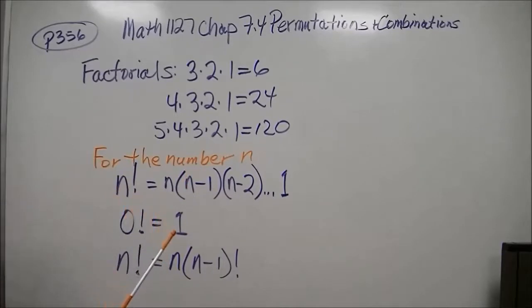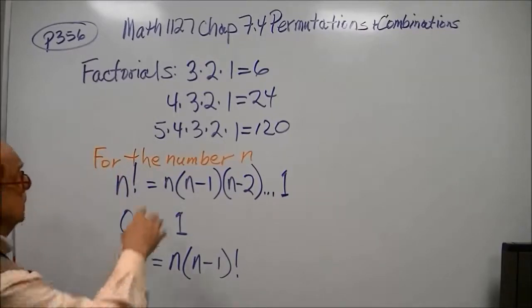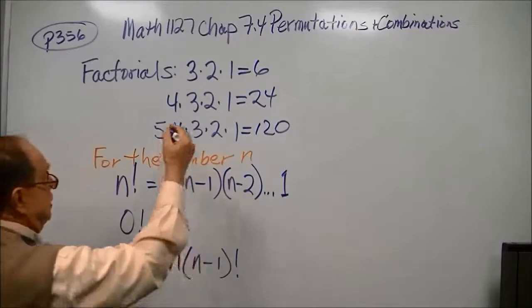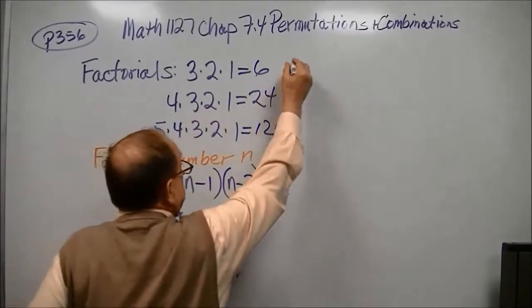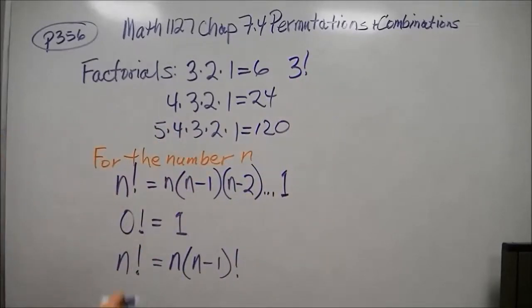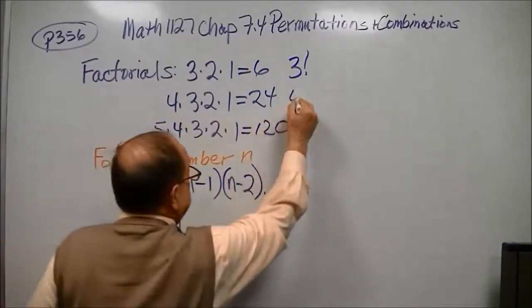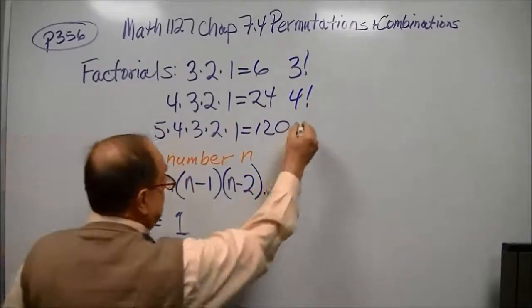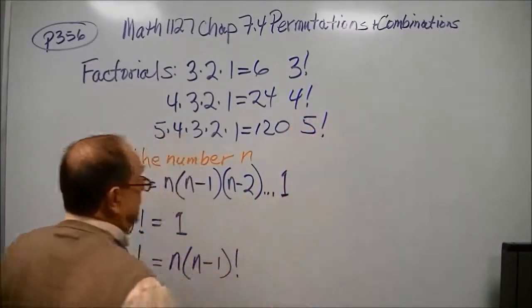So they've developed something that they call factorials. For this particular calculation, you would write that as 3 factorial. For this one, you would say 4 factorial, and this one 5 factorial.